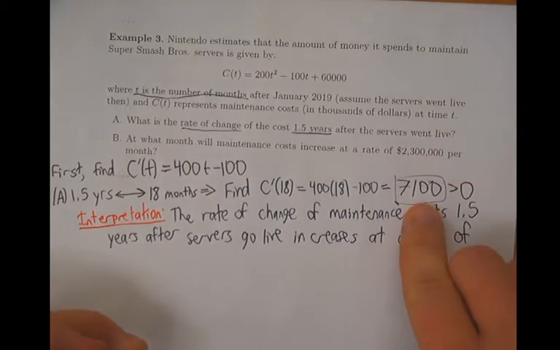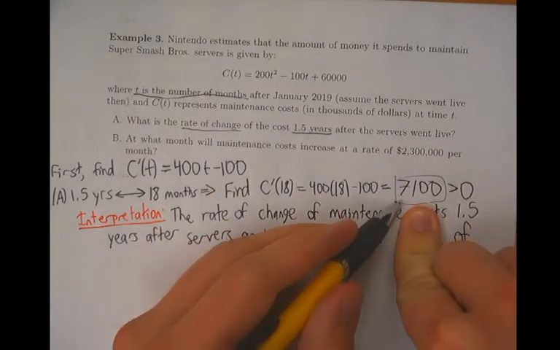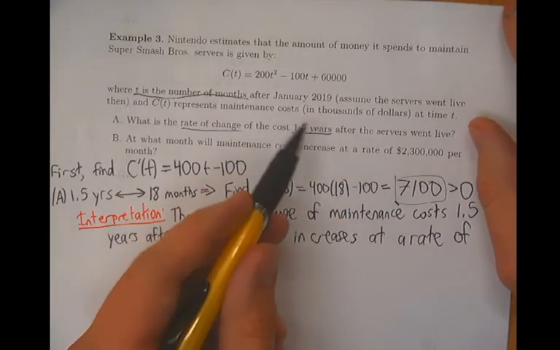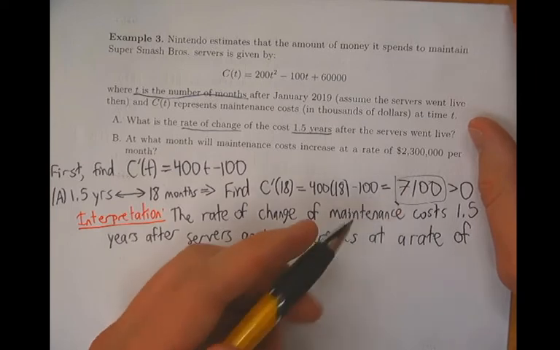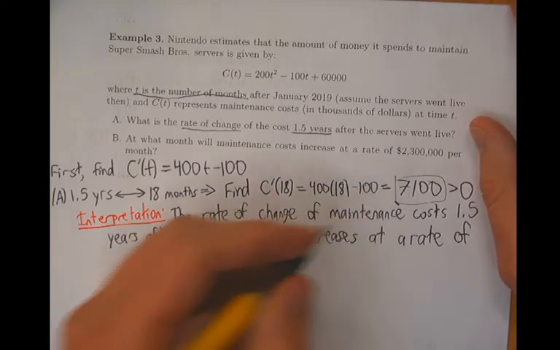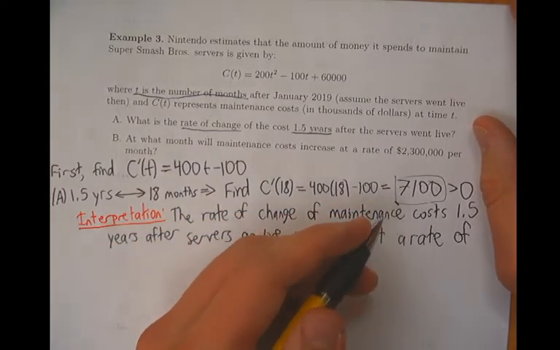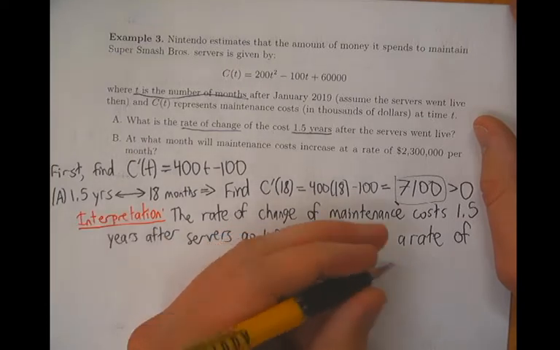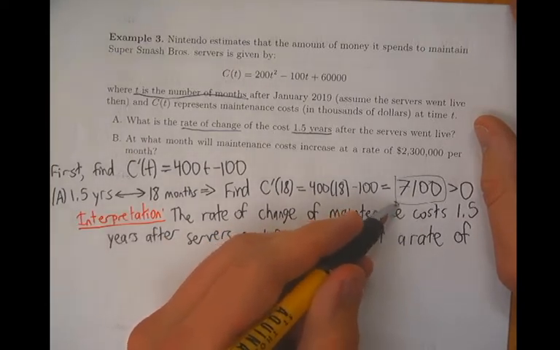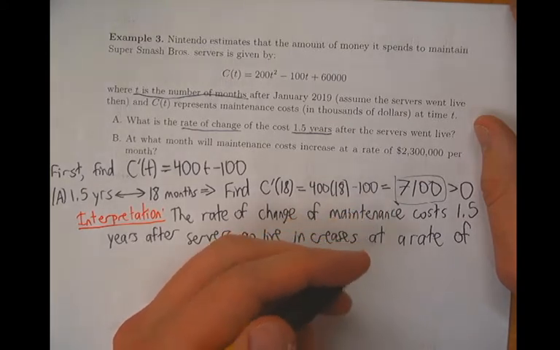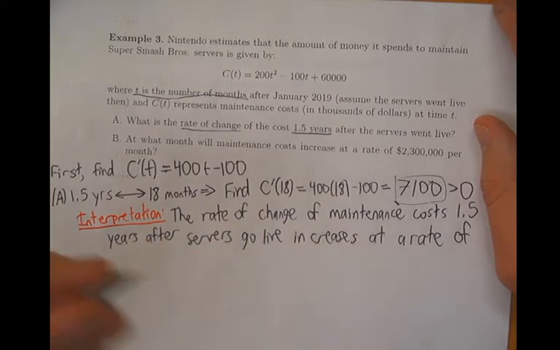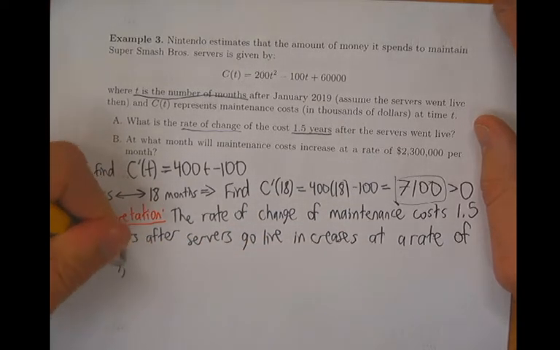So then this 7100 here is in thousands of dollars, so how many dollars would this correspond to? If this is in thousands of dollars. 7.1 million. Yep, 7.1 million, or 7,100,000.